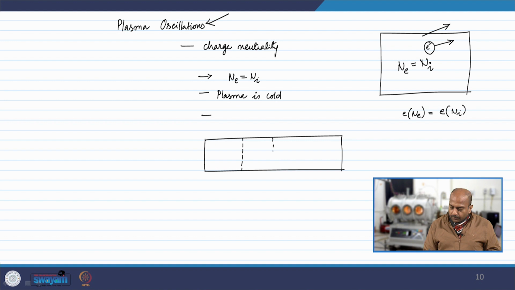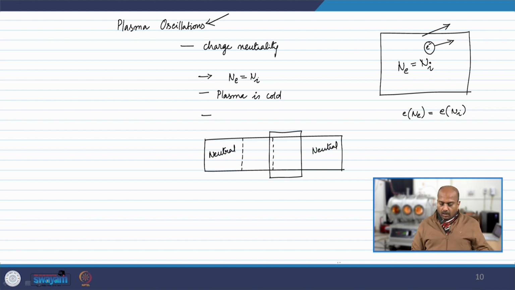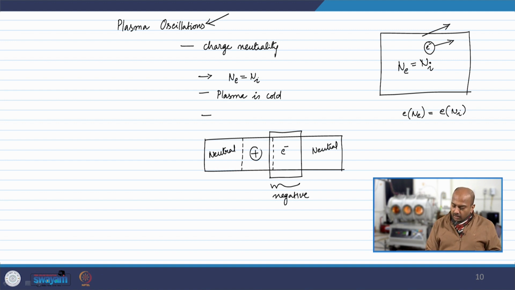Now, from this region, we take out some electrons and move them to this region. Here it is neutral, and here again it is neutral. Now, we have perturbed the system by moving these electrons from one place to another. So, this region is of course negative overall, and this region is clearly positive.